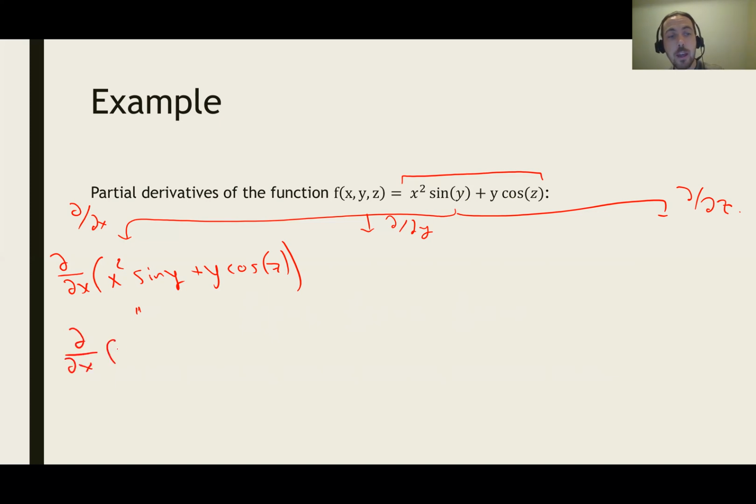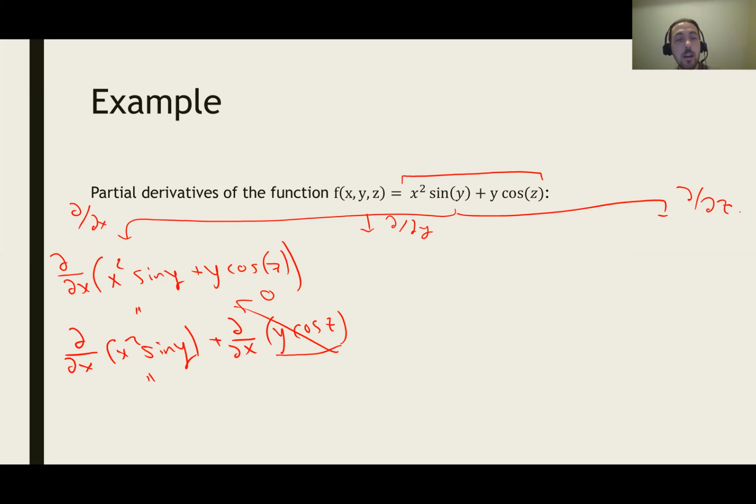So it's the same as the x derivative of the first part plus the x derivative of the second part. And then this second part is y times cos z. That's constant from the eyes of the variable x. It doesn't change when we change x because it only depends on y and z. And this is 0 as a result.